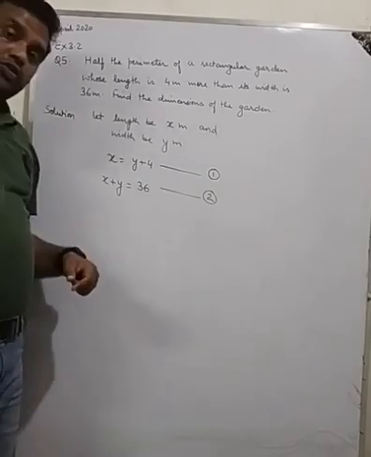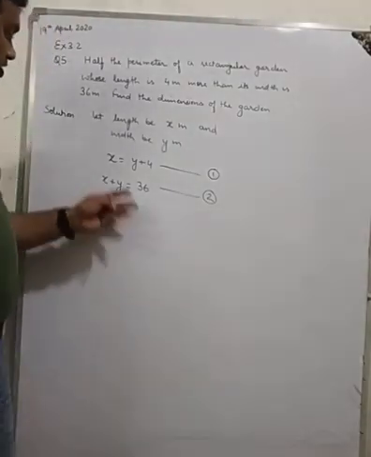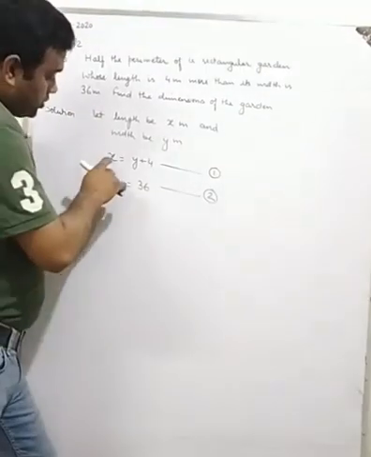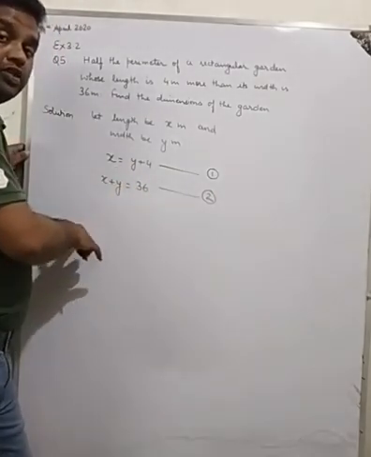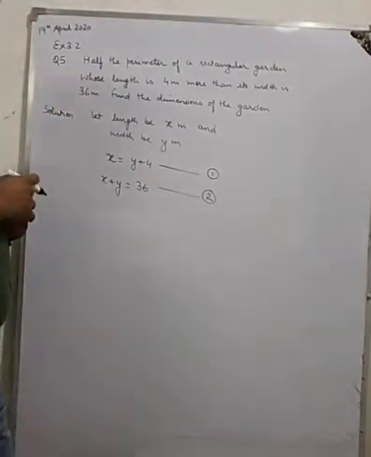Again we need to solve this question graphically. So what I am going to do, first I am going to draw the table for this and then for this, and after this I will plot, and after plotting I will get the solution.